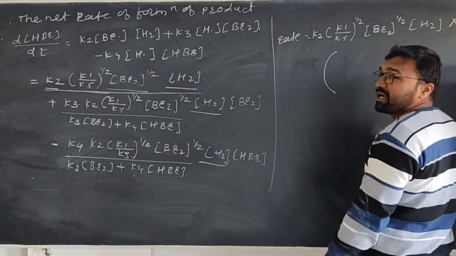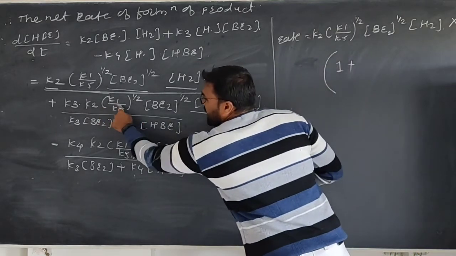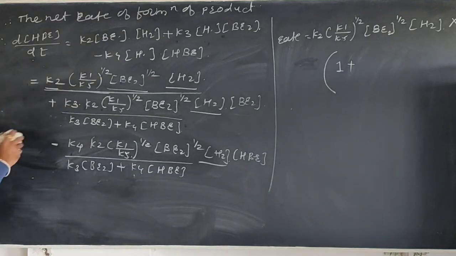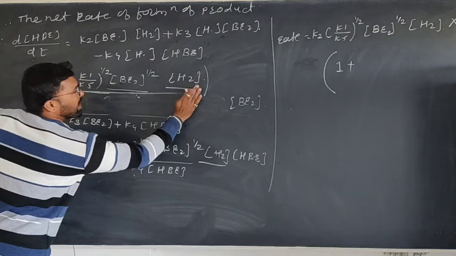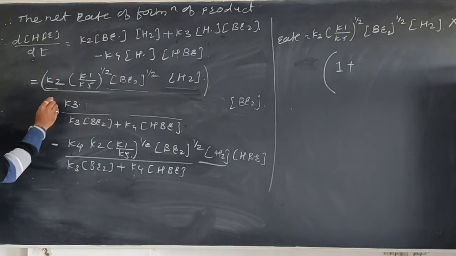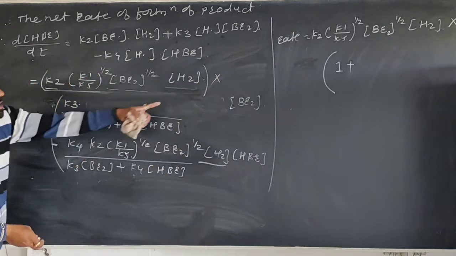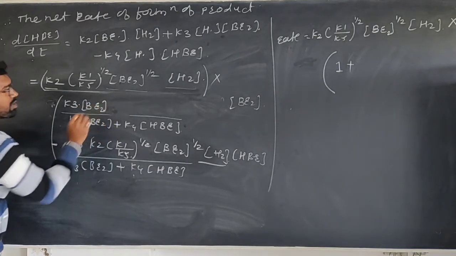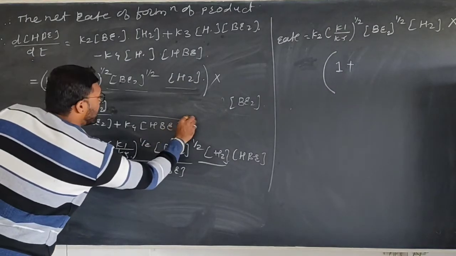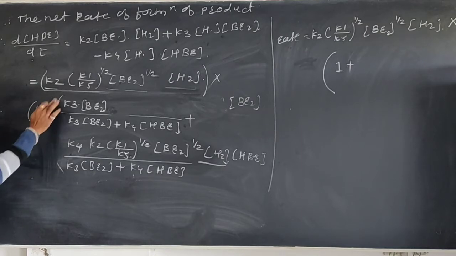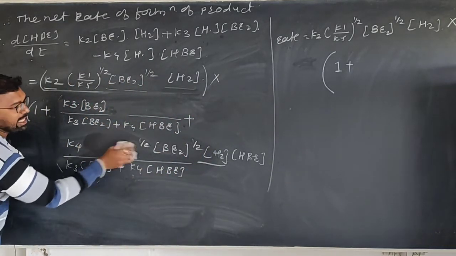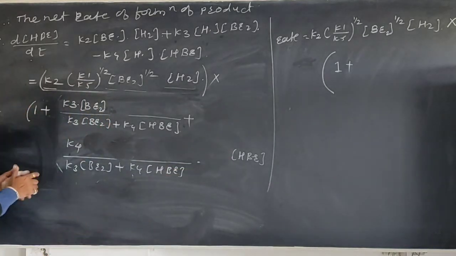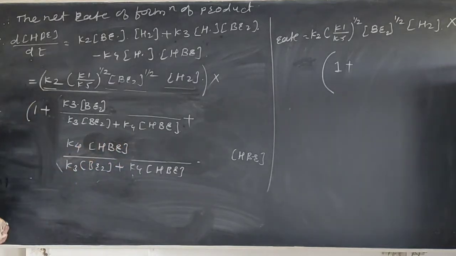After this multiplication, I write 1 plus K3 into concentration of Br2, denominator as it is, plus K4 into HBr, denominator as it is. Your bracket is completed, okay.